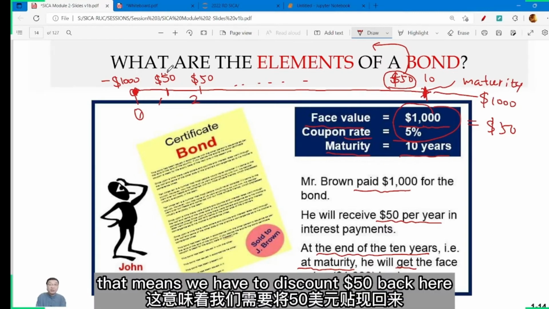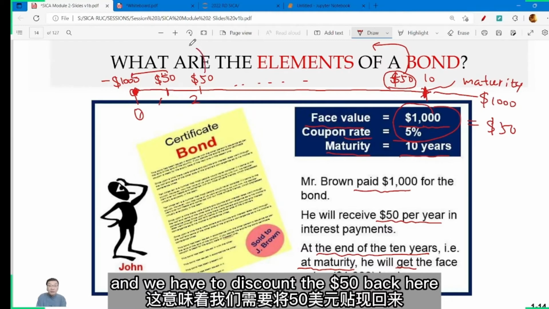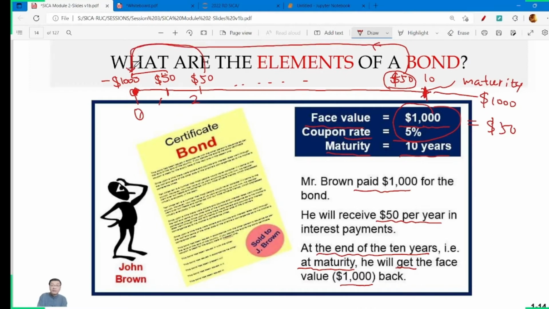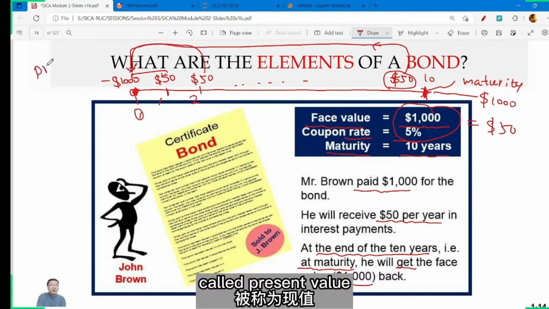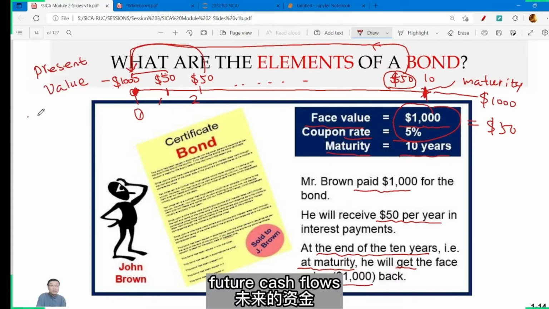That means we have to discount the $50 back here, and the $50 back here, and all the way back. In this way, we can calculate a value called the present value of the future cash flows.